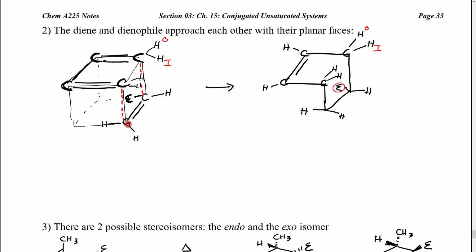I could have just as easily drawn a cube where the diene was on the bottom face, it'd be a little more crowded looking, and then the dienophile was on the top edge. I may try that sometime, maybe that works better. But at any rate, the point is that there is nothing to prefer one direction of approach from another. So as a result, we get a 50-50 mixture. Half the time we come this way, half the time we come the other way.